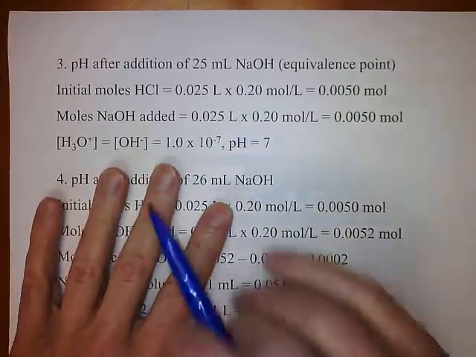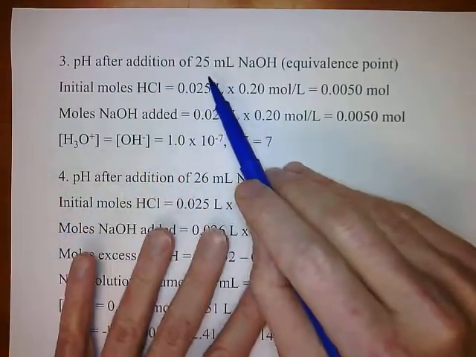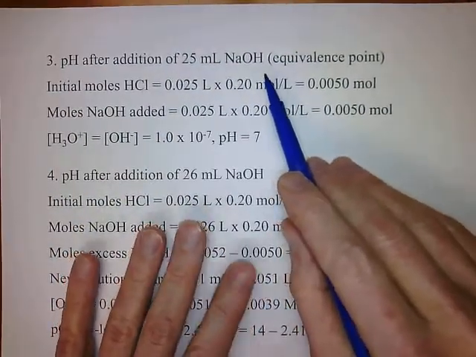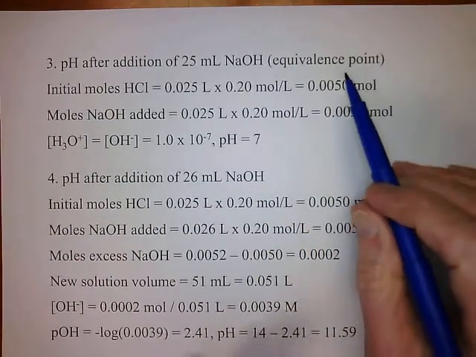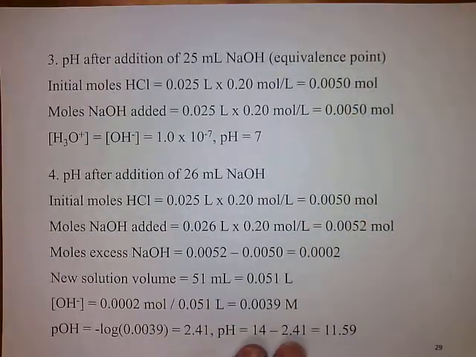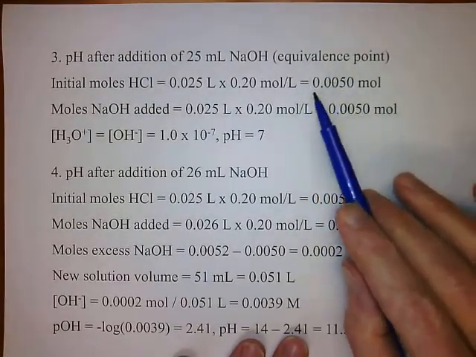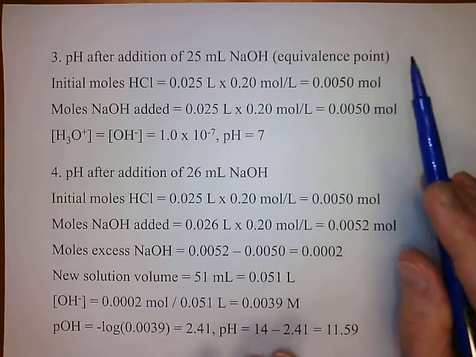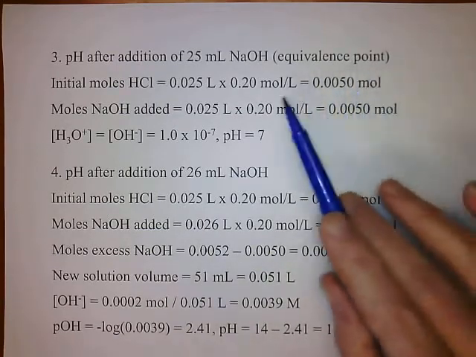Now let's calculate the pH after the addition of 25 mL of sodium hydroxide. Now that's the equivalence point. So first of all, what's the equivalence point? The equivalence point is where we have added enough of our titrant, which is in this case the base, to completely react with all the acid.